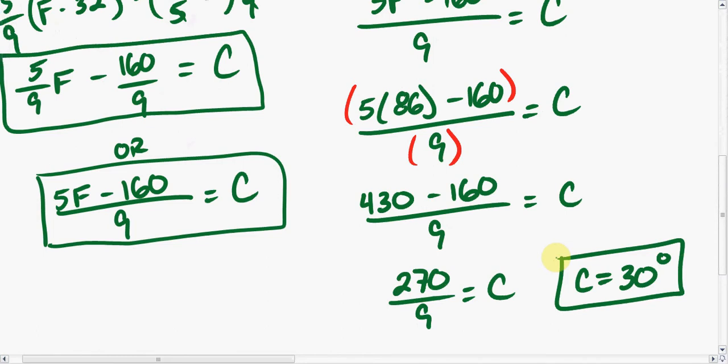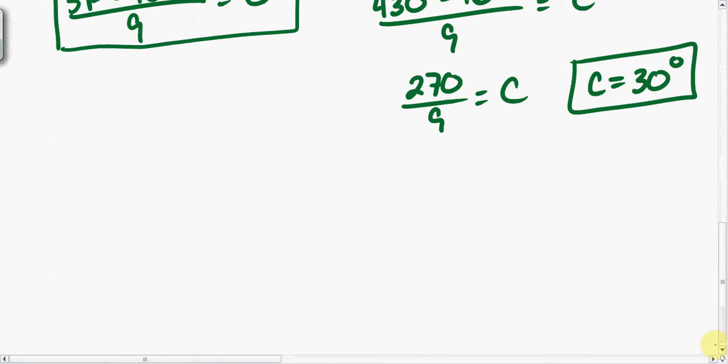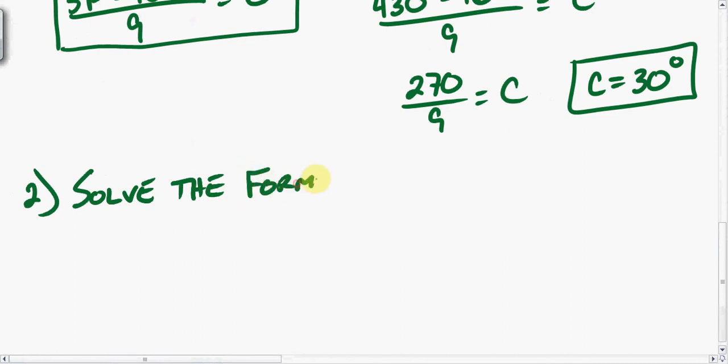Let's look at one more formula. This is number 2. We see solve the formula C equals 2 pi r for r.